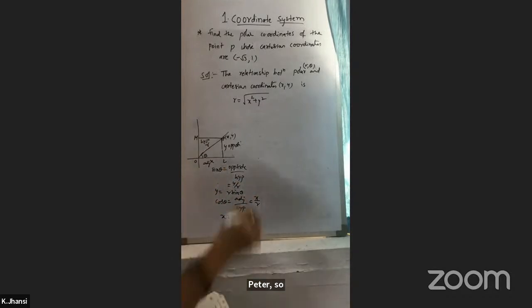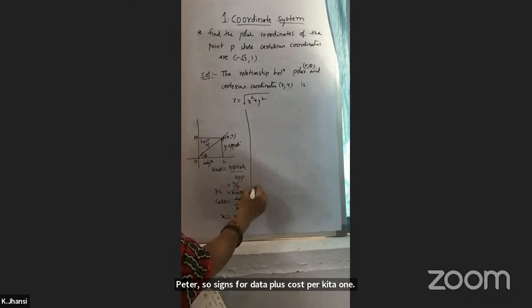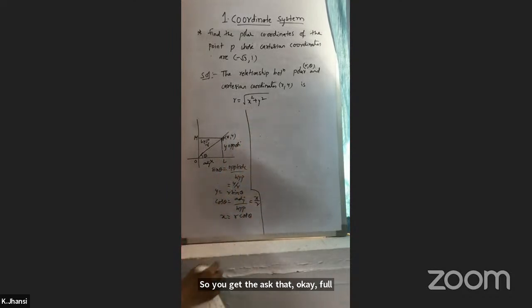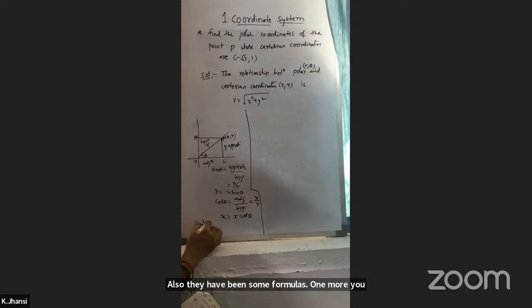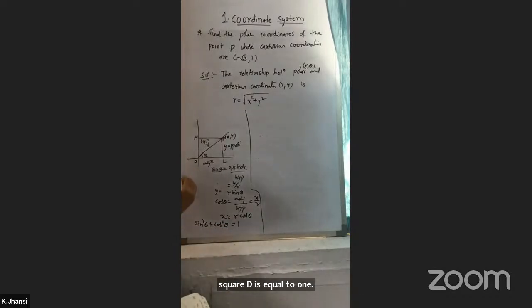After completion of the unit they have also given some formulas. One more, remember this one: sin square theta plus cos square theta equals 1. If you remember this, it's enough. And tan theta means opposite side by adjacent side.